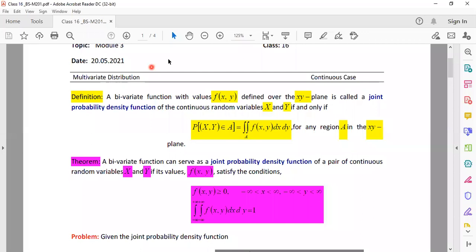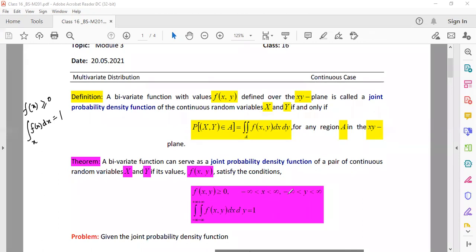If I stick to a continuous random variable, which is a single variable only, we very well know that the probability density function is always non-negative, and the integration of fx dx is equal to 1, where the integration is considered over all possible values of x. These are the two fundamental properties of the probability density function for the univariate case. The same thing will be reflected in the bivariate case.